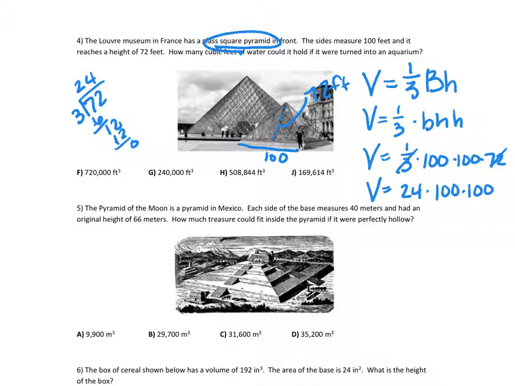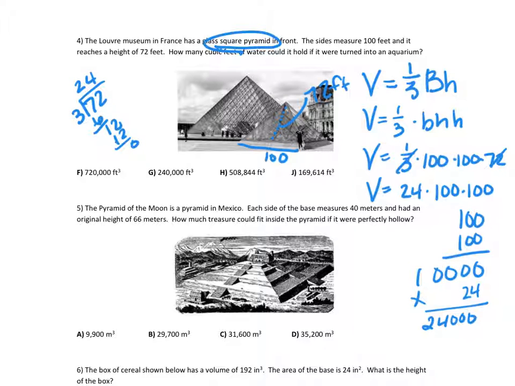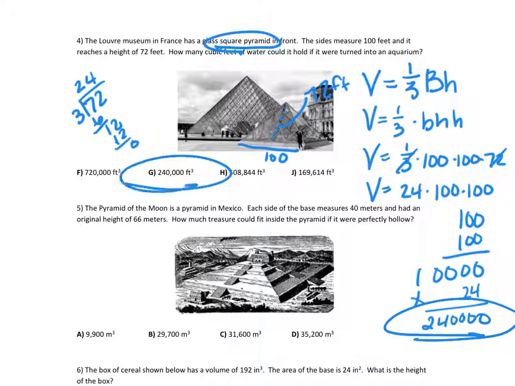And then 100 times 100, I get 10,000. 10,000 times 24 is 24,000, which, okay, not 24,000, 240,000. Okay, so 240,000 is my answer, which matches answer choice G.